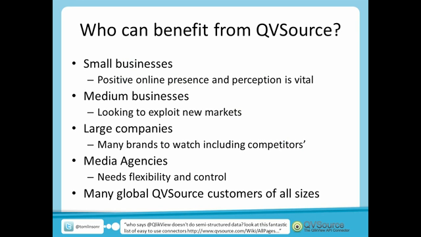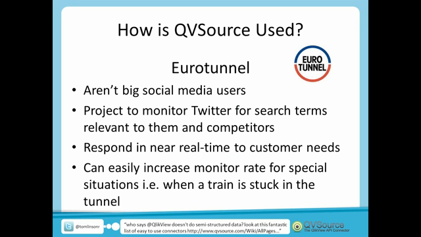So how is QD-Source being used? As you mentioned earlier, Eurotunnel manage the tunnel between England and France. They aren't really big social media users. They don't really use Twitter, but they use our Twitter connector to monitor search terms that are relevant to them and their competitors. So they can see if people are talking about delayed trains, or about the ports where the ferries are going across, and understand what people are saying about other means of getting from the UK into Europe.